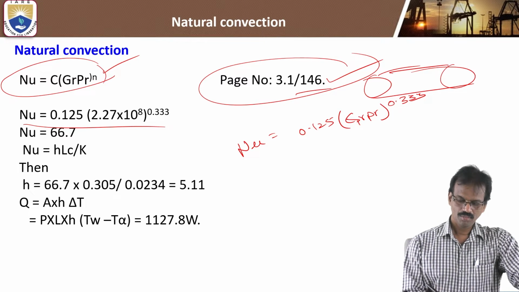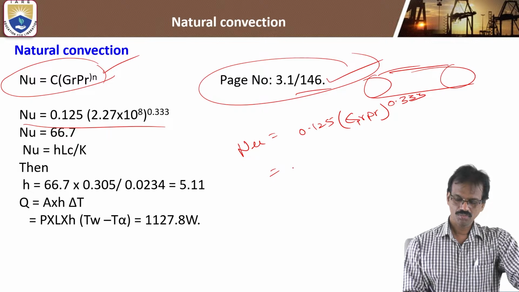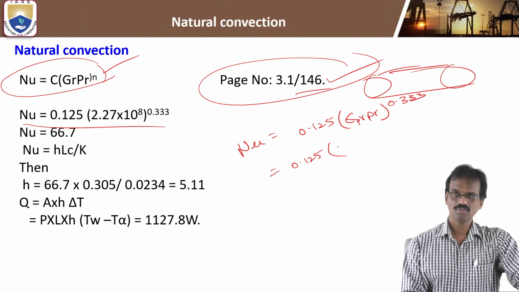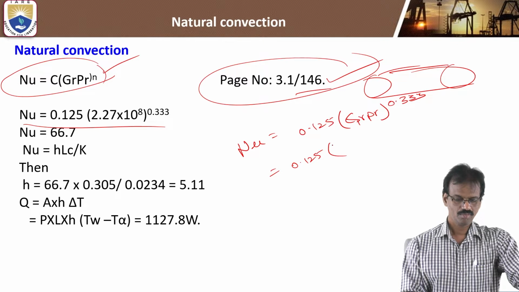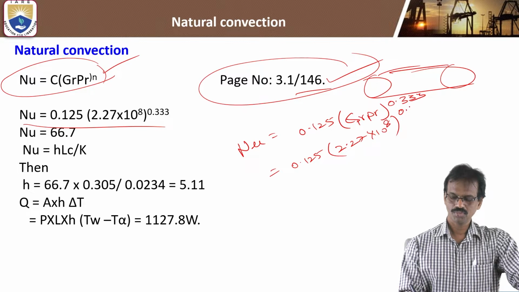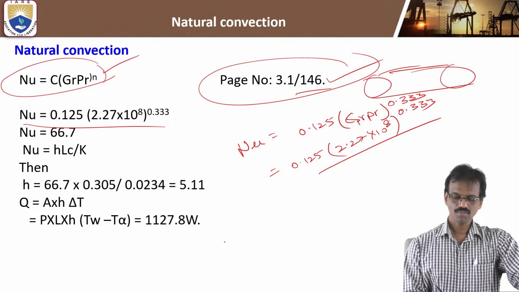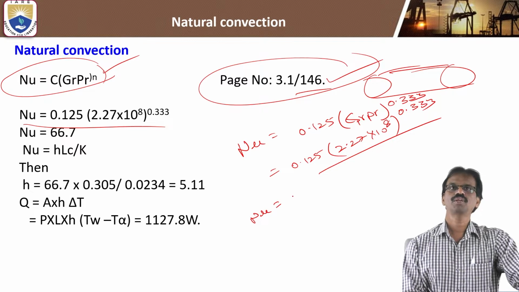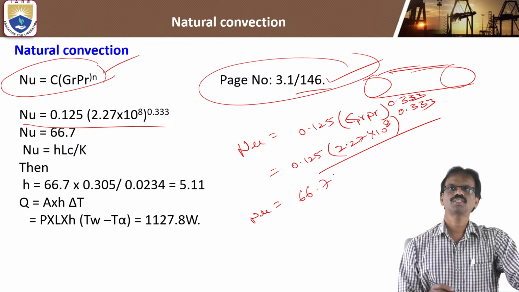Then Nusselt is equal to 0.125 into the Grashof number times Prandtl number value, which you already solved, 2.27 into 10 to the power of 8, and whole to the power of 0.333. If you solve this one, you will get the Nusselt number, Nusselt is equal to 66.7.